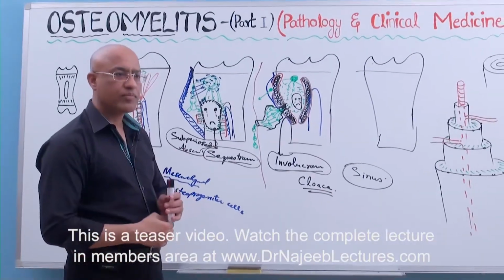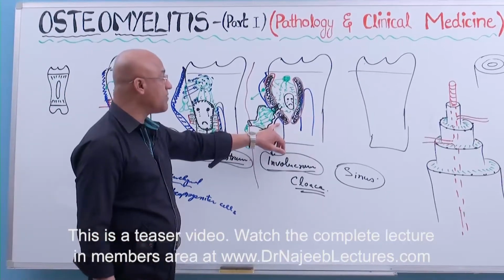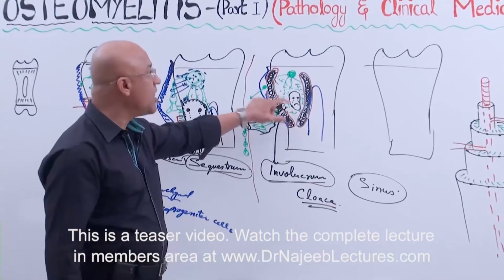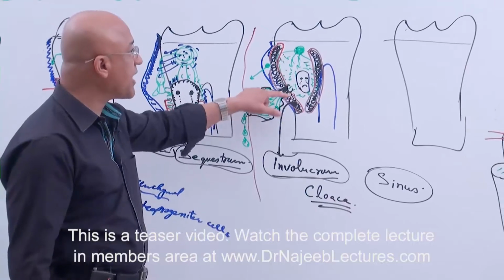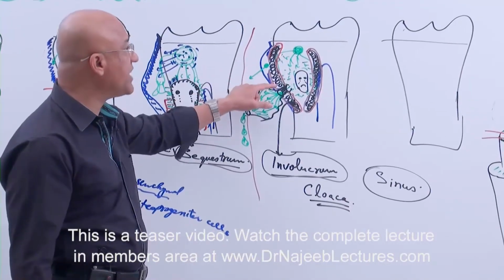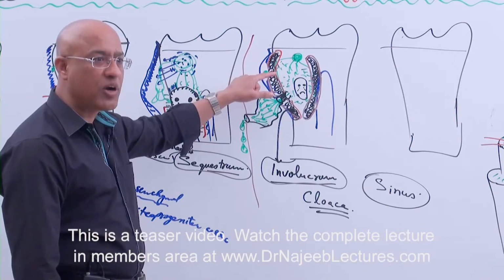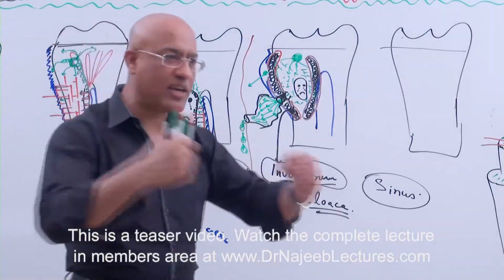Yes. Can involucrum be infected? Of course. Involucrum is not only infected, but the main infection is in sequestrum and around it. Involucrum is a reactive bone formation, but of course some microbes enter there. But there a big fight is going on because involucrum has blood supply, and through that antibodies or white blood cells, new arrivals of blood cells, are going over there and the fight is there.